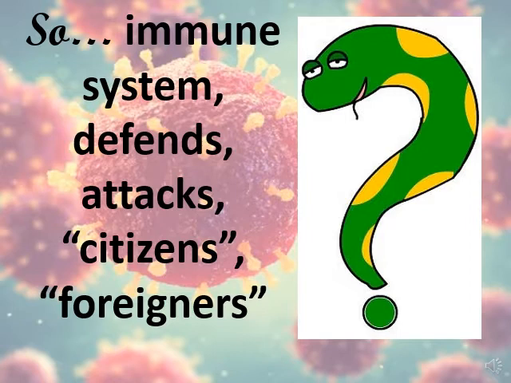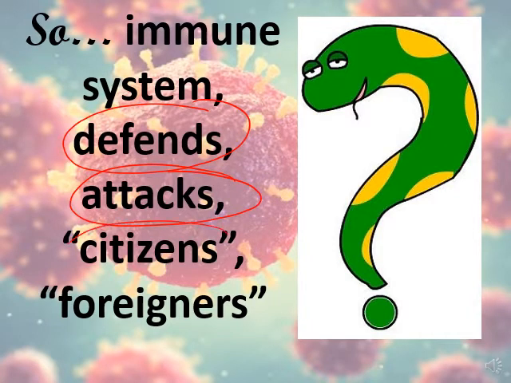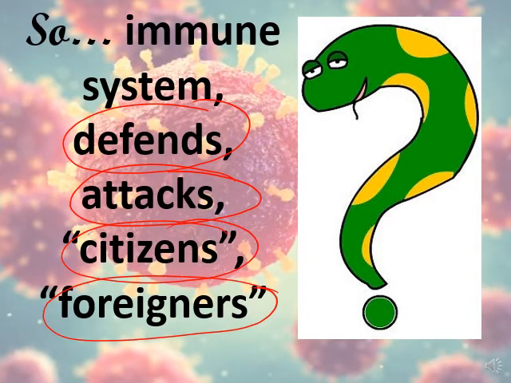So as a conclusion, the immune system will defend or it will attack the citizens or the foreigners. So to start with, it defends what belongs to my body. So my immune system defends my organs, my cells, my tissues. So the immune system will defend.